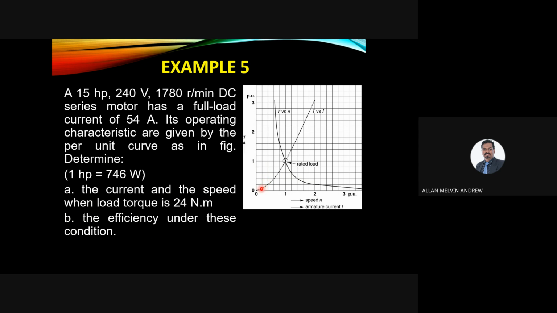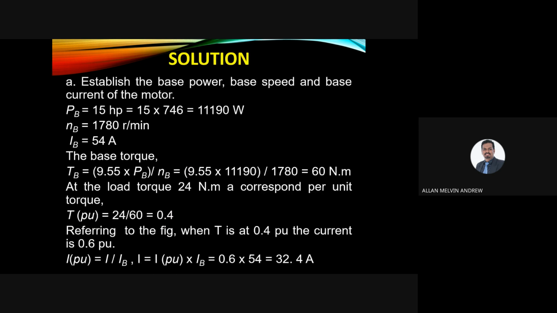So this is the torque versus current curve. When T equals 0.4 pu, at this point we can read the speed and also the armature current. We are interested in the armature current, which is 0.6 pu.